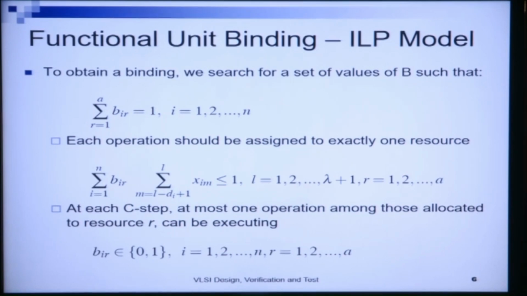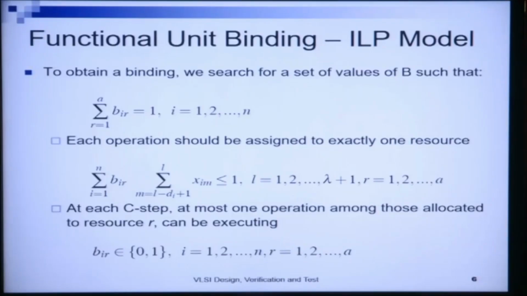We want to constrain that a single resource should execute at most one operation, 0 or 1, at each time step. The resource can either be idle at that time step or can execute at most one operation. It cannot execute multiple operations at the same time. So this is what this constraint restricts.